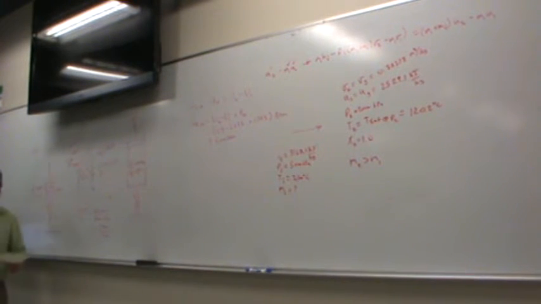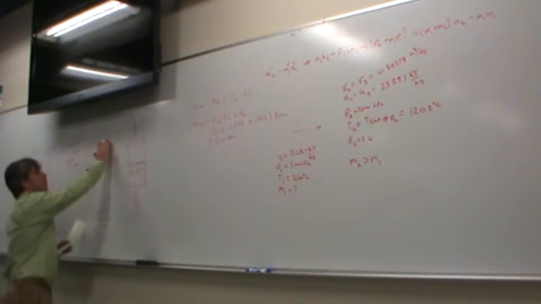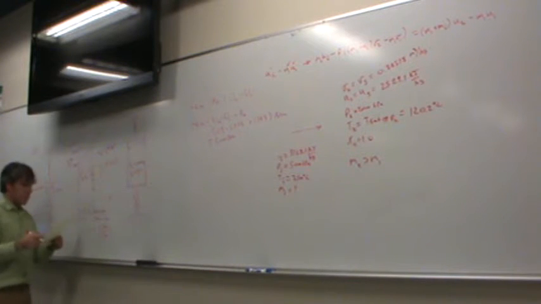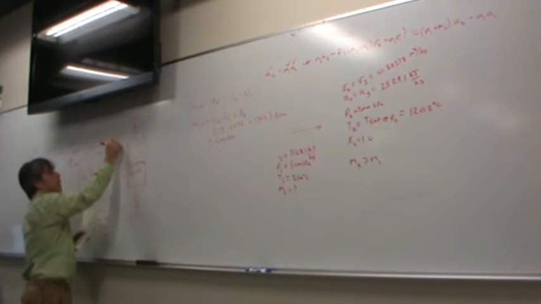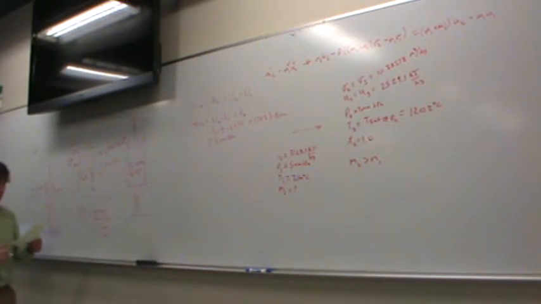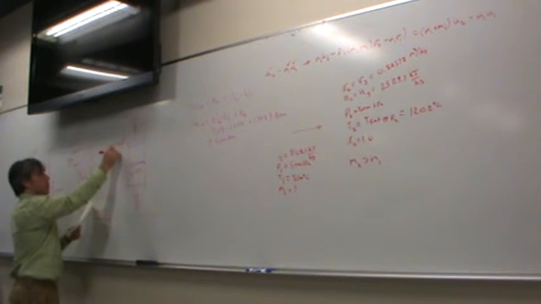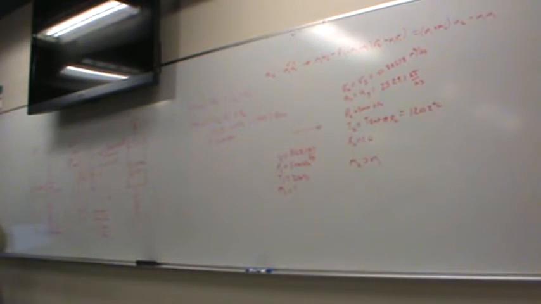So the boundary work then comes out to 1/2 (P1 plus P2), so we're just taking the average of P1 and P2, multiplied by V2 less V1, but V1 is 0. So when you plug in all the numbers, you find that the boundary work is about 2,000 kilojoules. That's how much boundary work left this system.